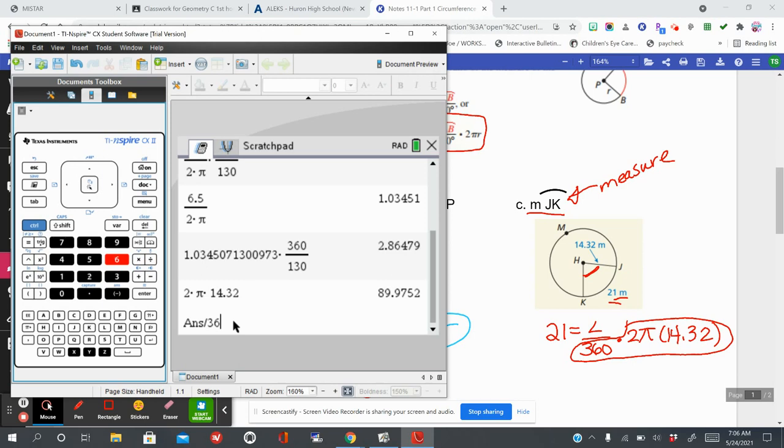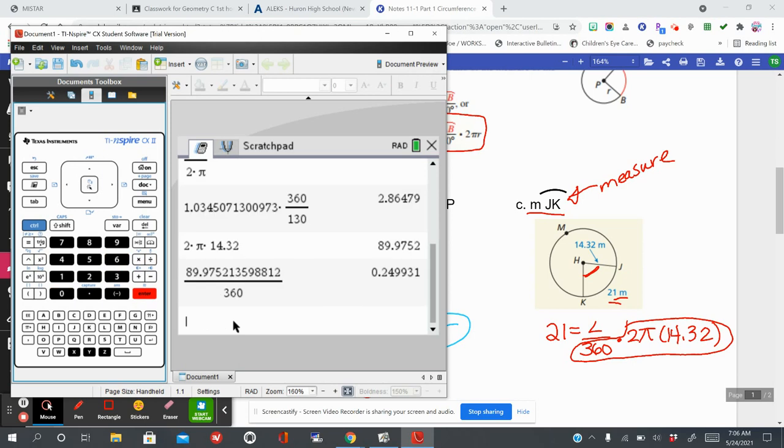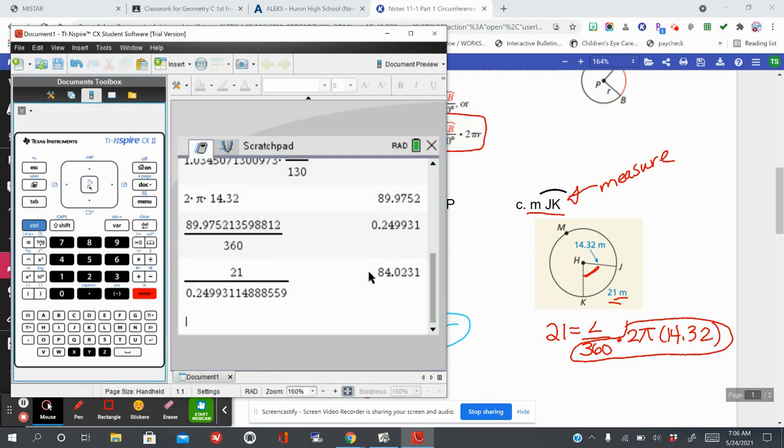Then divide that by 360. That gives us 0.2499. Make sure we've got that divided by 360, and divide 21 by that. And we get 84.02 degrees, roughly.